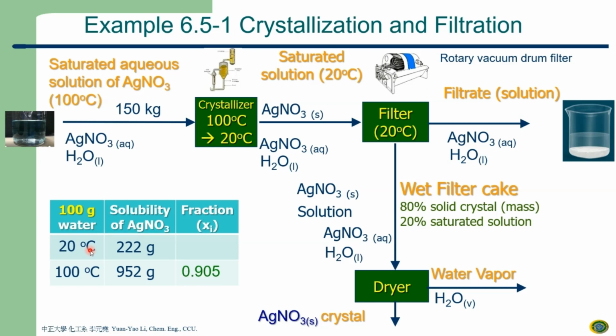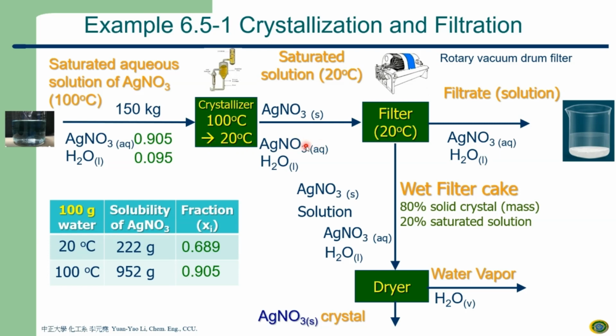Okay? And of course, if you know this, you know the fraction. So if you know the fraction, you can put these things here, right? Okay, if you know the fraction at 100 Celsius, this is 100 Celsius. So the fraction is 0.9, and of course, water will be 0.095. Okay, the same as this, right?